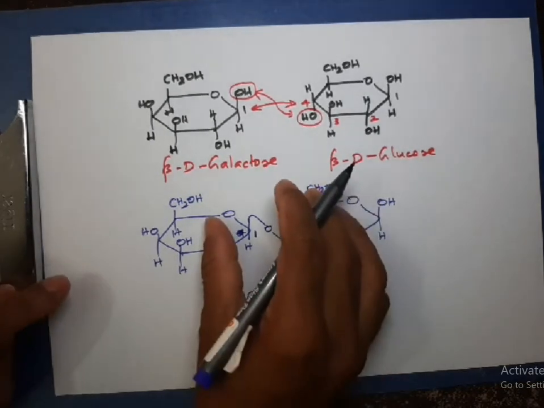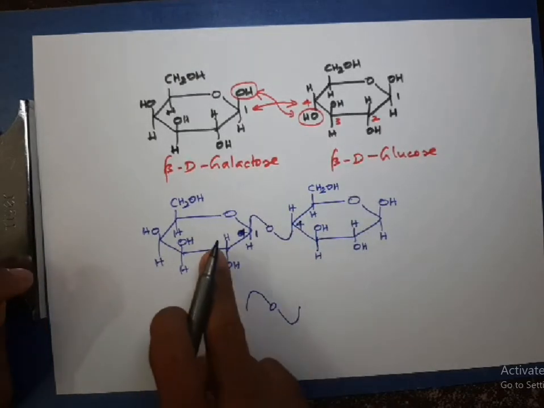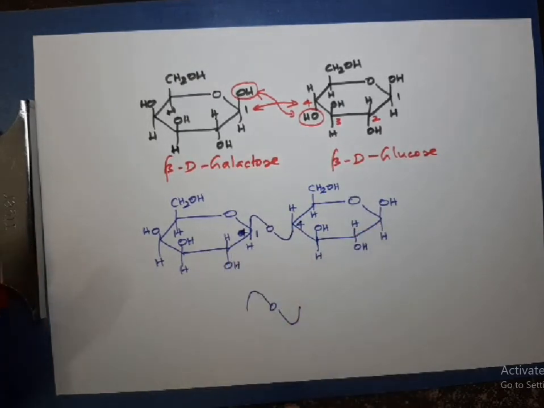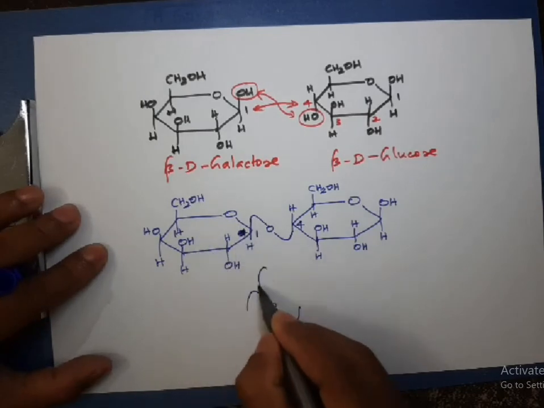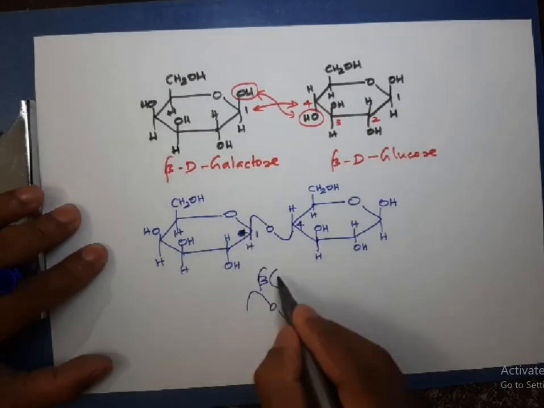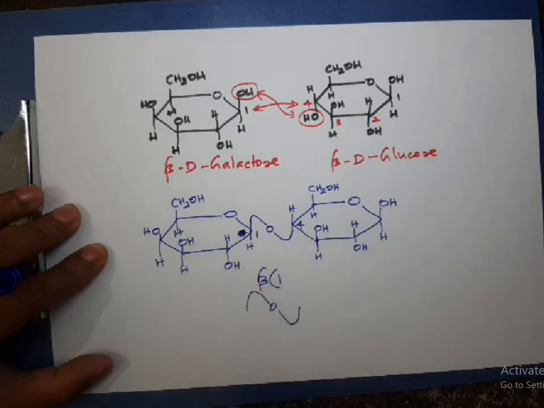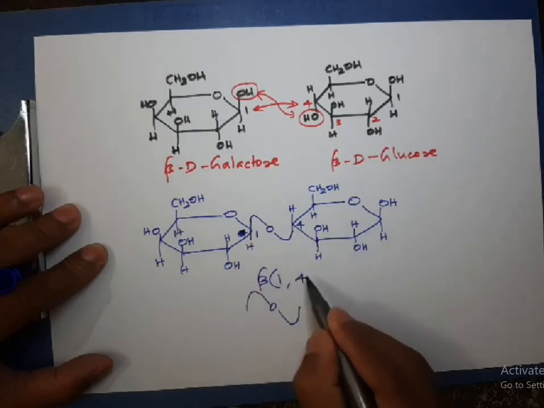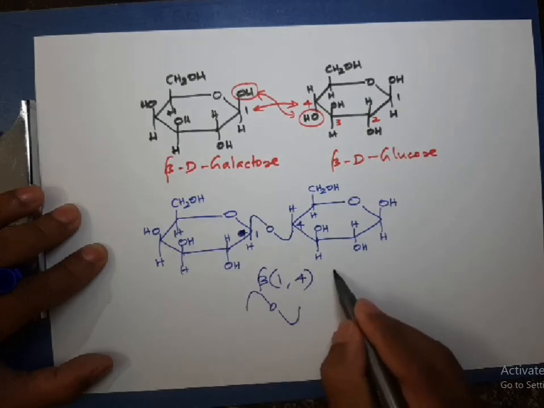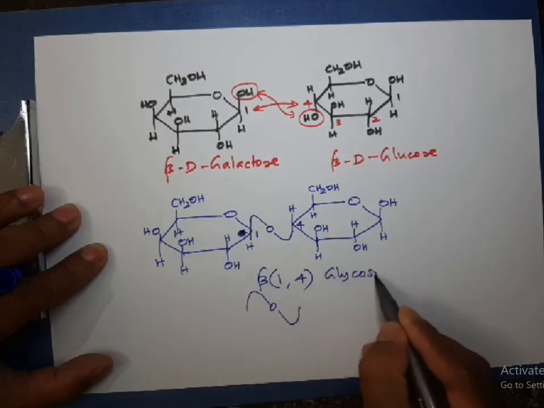So here in lactose, between galactose and glucose, we have a beta glycosidic linkage. With respect to galactose it is beta, and carbon 1 of galactose and carbon 4 of glucose are connected. Carbon 4. So it is called a beta 1,4 glycosidic linkage.